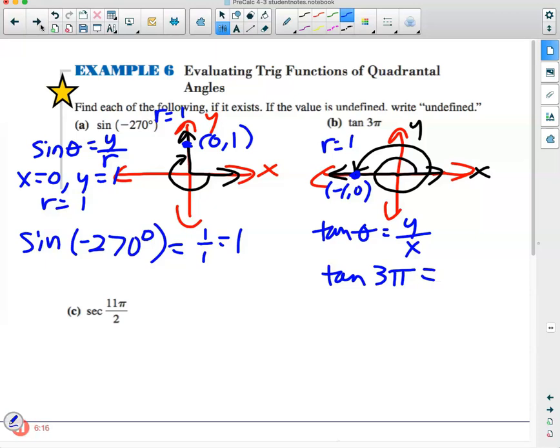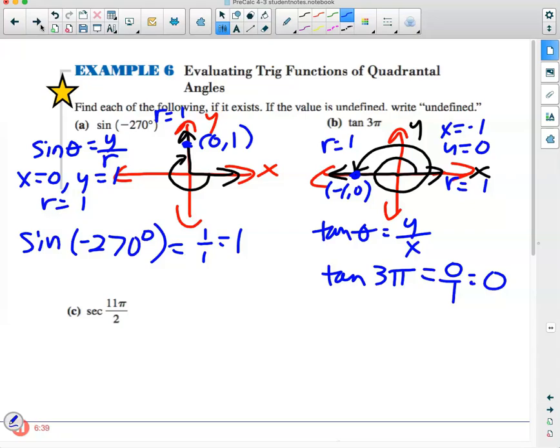Well, y is 0. X is negative 1, y is 0, and r is 1. So we're going to put 0 over 1, which is 0. Having a 0 in the numerator is fine. It's the denominator that we have to worry about.